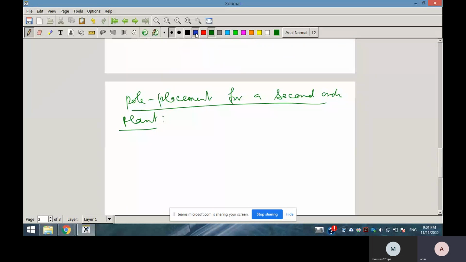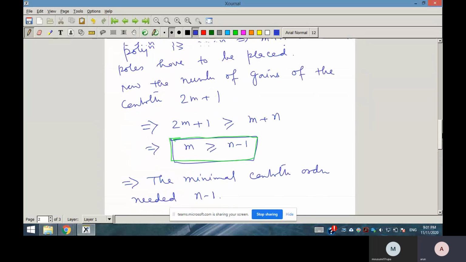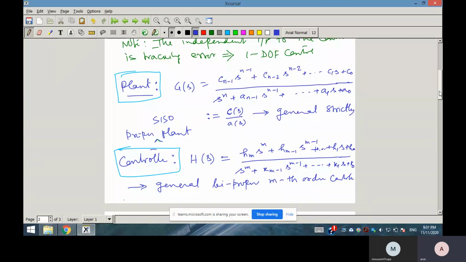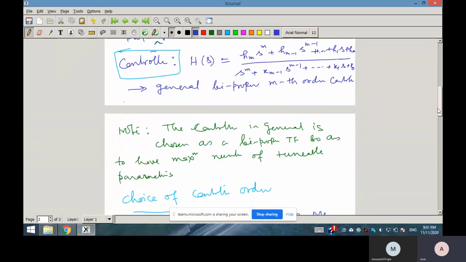Now the plant that I will consider is G(s), according to that structure: (c1 s plus c naught) divided by (s square plus a1 s plus a naught). And H(s) will be as per this structure: (h1 s plus h naught) divided by (s plus k naught).